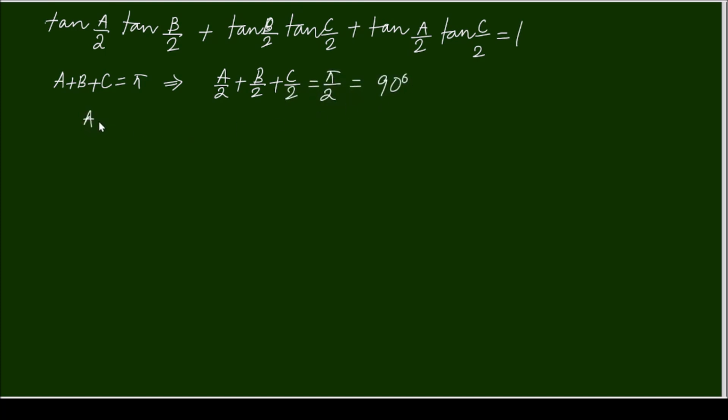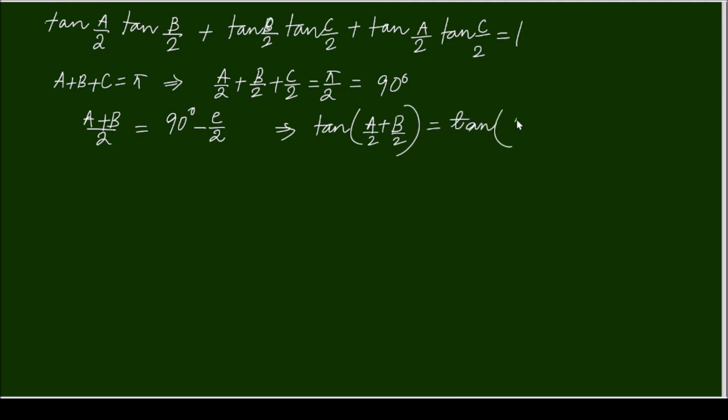That means A by 2 plus B by 2 equals 90 degrees minus C by 2. Taking the tan function, I'll get tan of A by 2 plus B by 2 equals tan of 90 minus C by 2, and we know that this is cot C by 2.